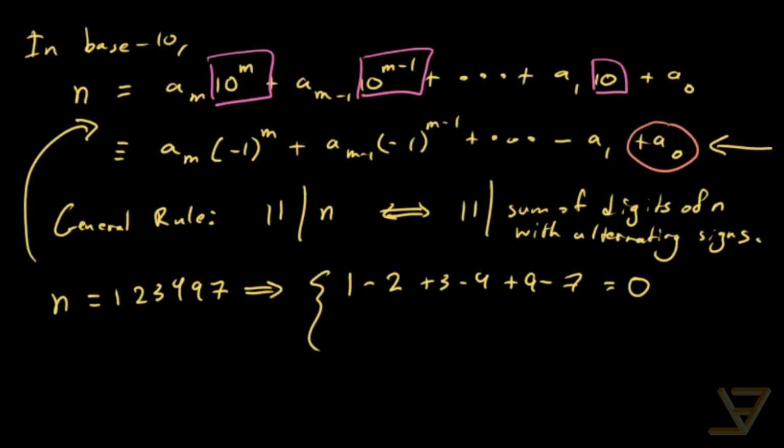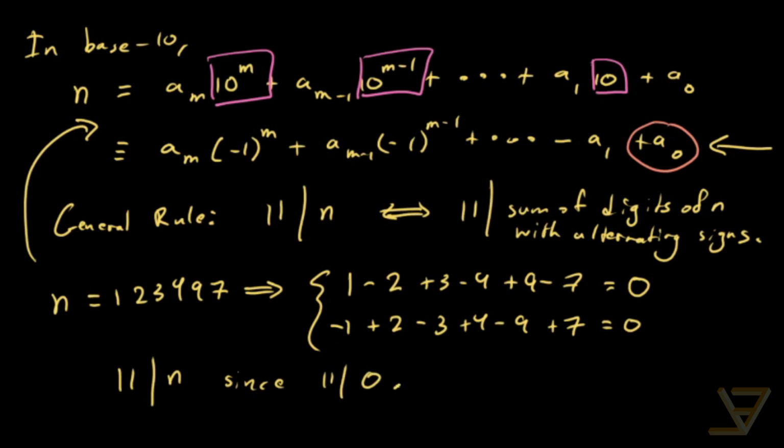Alternatively, we can alternate the signs the other way, which is -1 plus 2 minus 3 plus 4 minus 9 plus 7. This is what I was talking about earlier, and this is also equal to 0, since it's just the negative of 0. So that means 11 divides n since 11 divides 0.